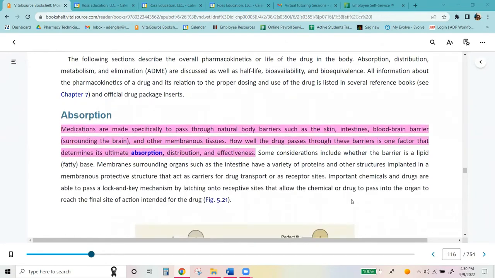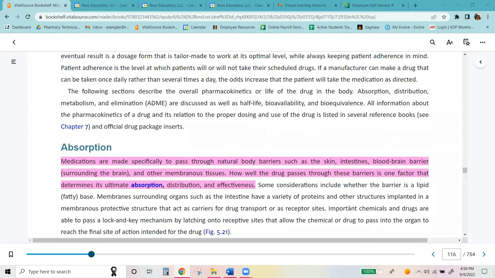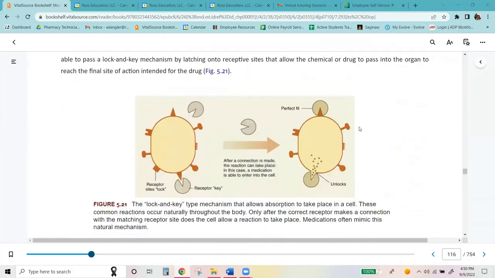Medications are made specifically to pass through natural body barriers such as the skin, intestines, the blood-brain barrier that surrounds the brain, and other membranous tissues. How well the drug passes through these barriers is one factor that determines its ultimate absorption, distribution, and effectiveness.